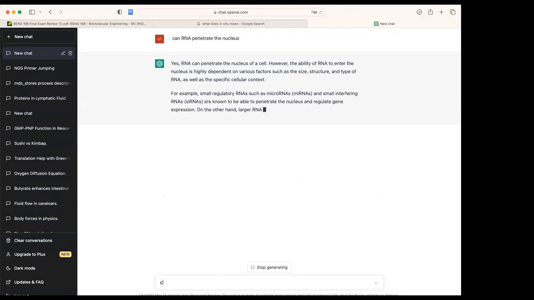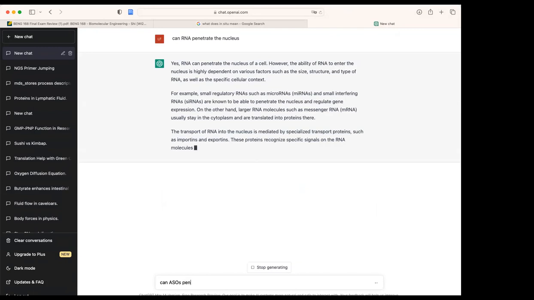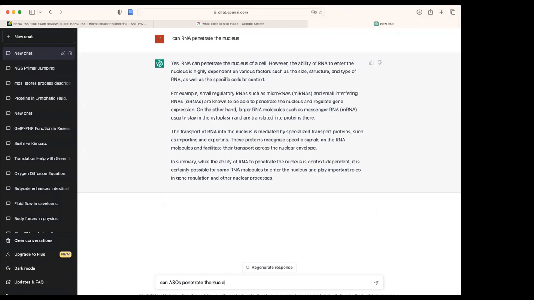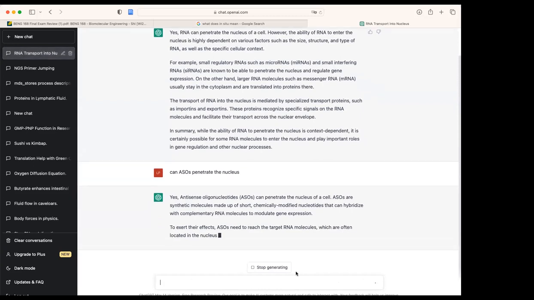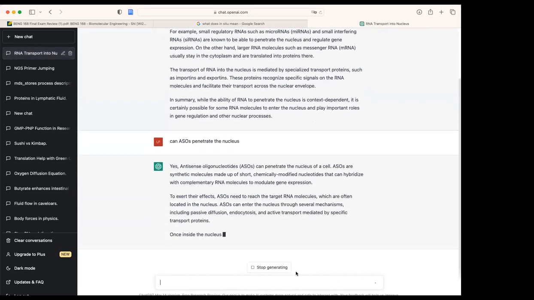No, but I think the reason... it says larger RNA molecules such as mRNA stay in the cytoplasm. That's why I think D makes sense: if you want a mechanism to block it from leaving, you need to get it initially inside the nucleus.